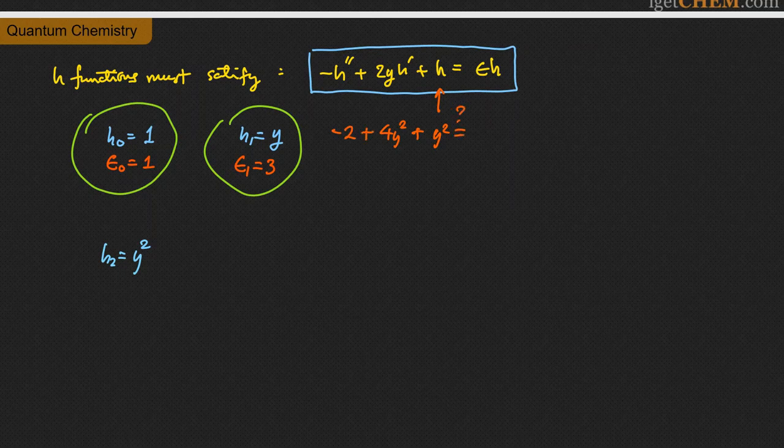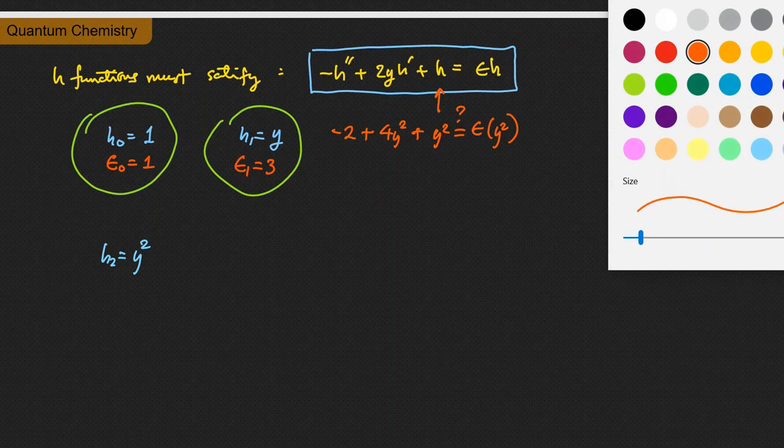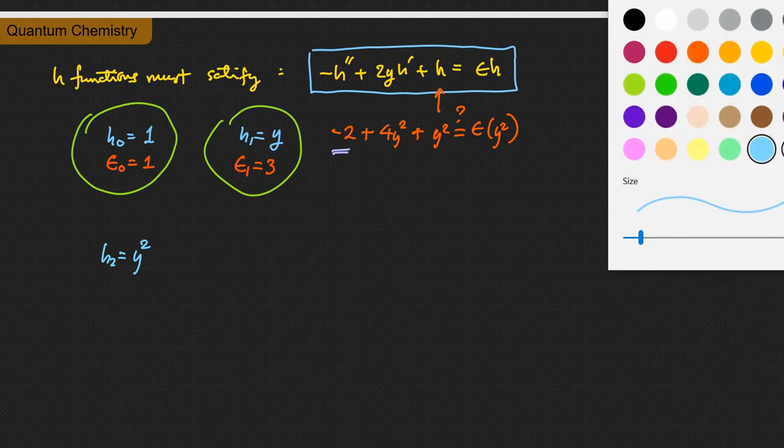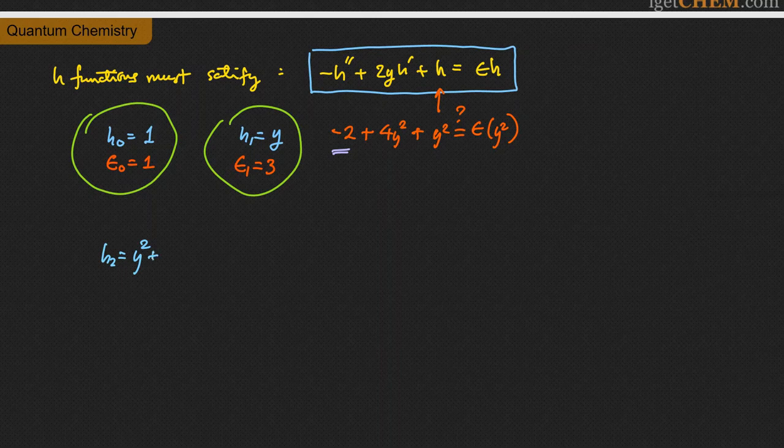The question is, is that equal to some epsilon multiplied by y squared? And the answer is clearly no, because of this extra minus 2, which is not on the right side. But it's not too difficult to imagine that perhaps if I just add a constant to that y squared, it would have worked out.